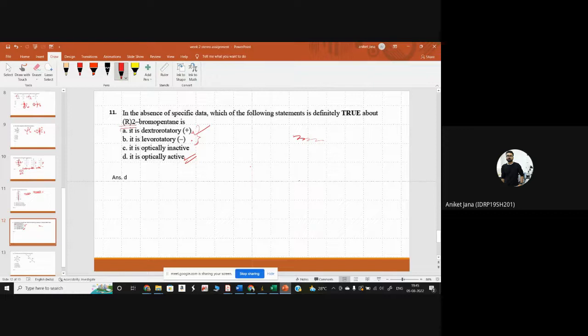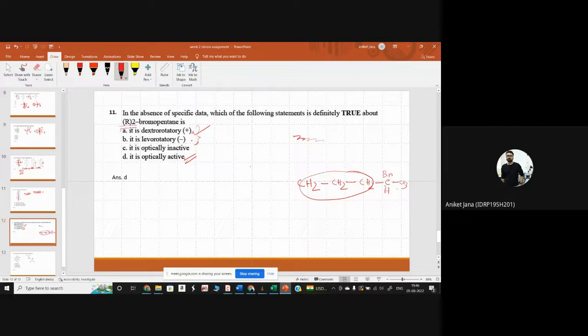It cannot be optically inactive. R2-bromopentane is what? One is hydrogen, bromine, CH3, and this large group. Can you see any kind of mirror plane or center of symmetry passing through the molecule?